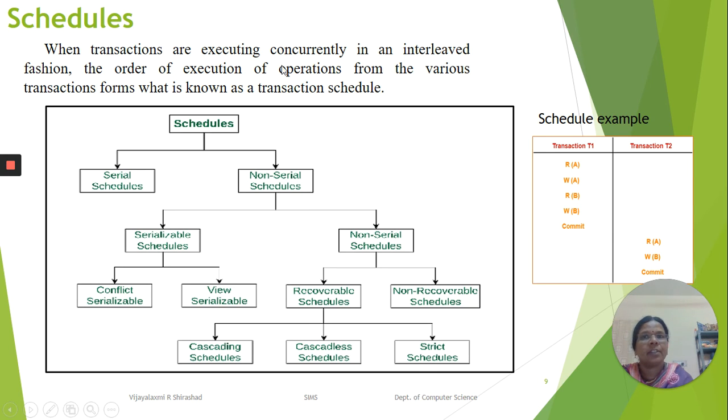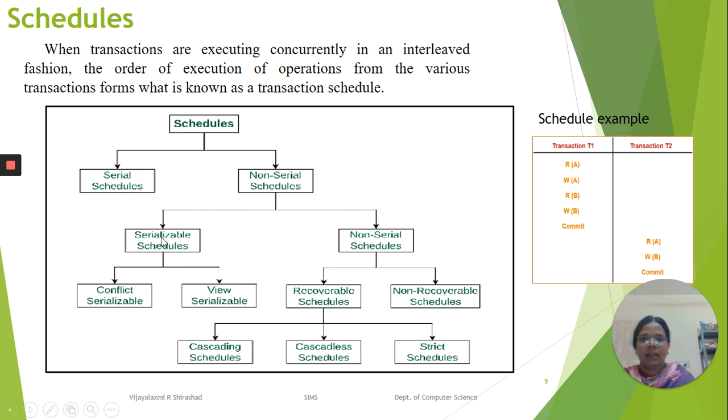Schedules. In interleaved execution, the order of execution of operations from the various transactions is known as a schedule. When more than one user is on the server, the time will be shared. But if it is interleaved, it is difficult for the user to time the execution of the actions. Schedules are of types: serial and non-serial.